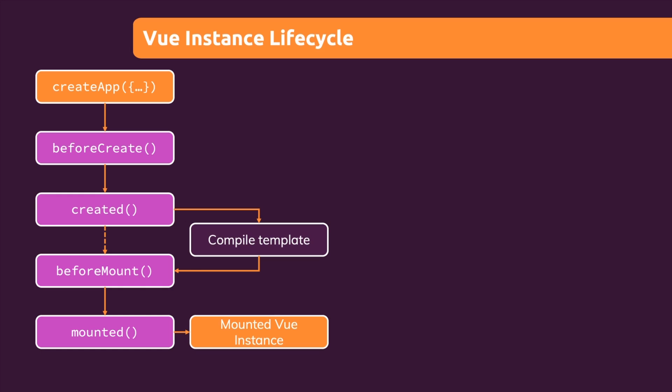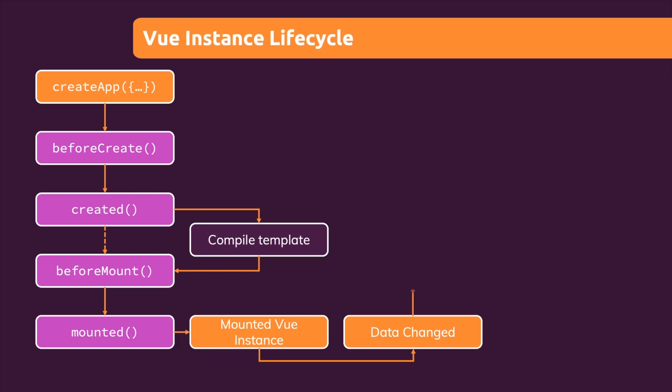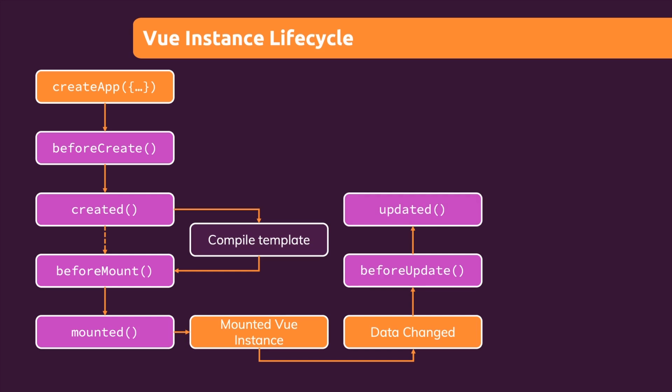Now, of course, in most Vue apps, data changes at some point of time, and that then triggers a new lifecycle. Now we reach the before update hook and thereafter the updated hook. This is a bit like before create and created. Before update is reached before the update has been fully processed internally by Vue in its app.